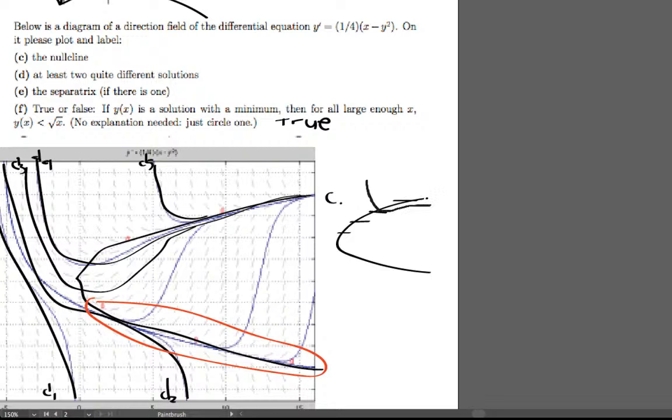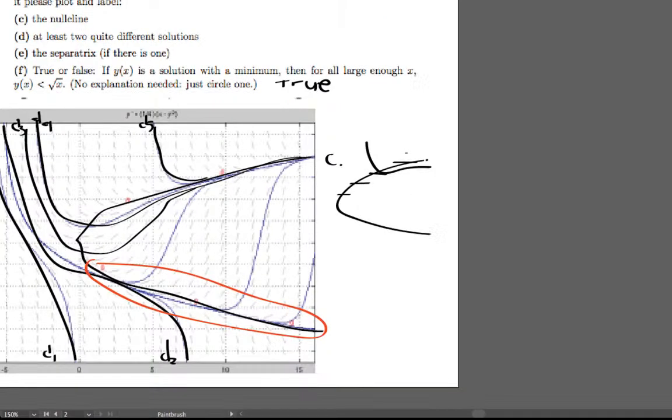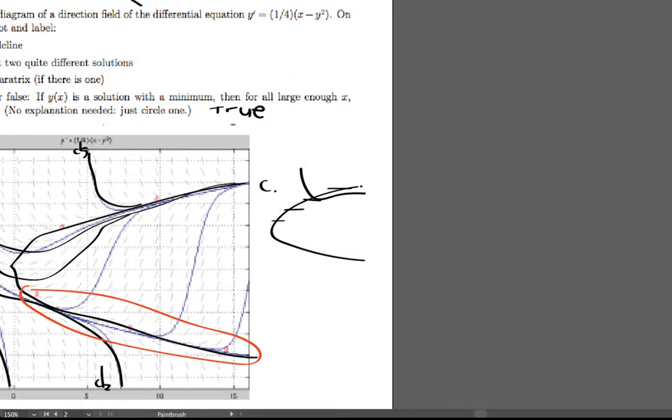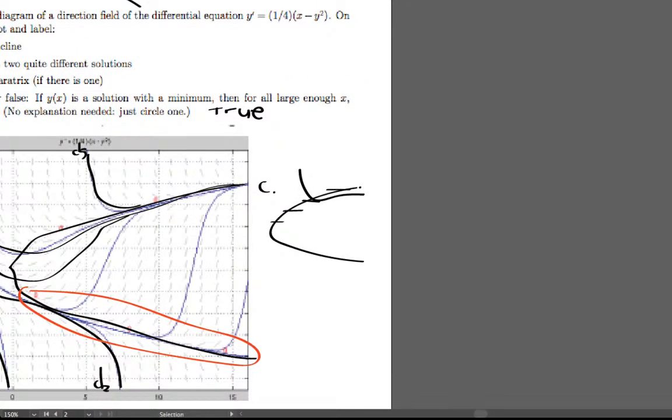It would try to go near it, but it cannot pass through it, because when you pass through this guy, the slope must be positive. But in this case, the slope is negative or zero. So yeah, it would be true that it cannot pass the square root of x when x is large enough. Good. I hope the explanation is better than my previous ones. Okay.